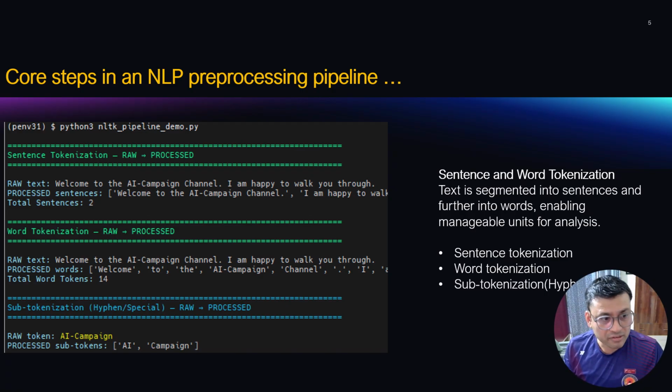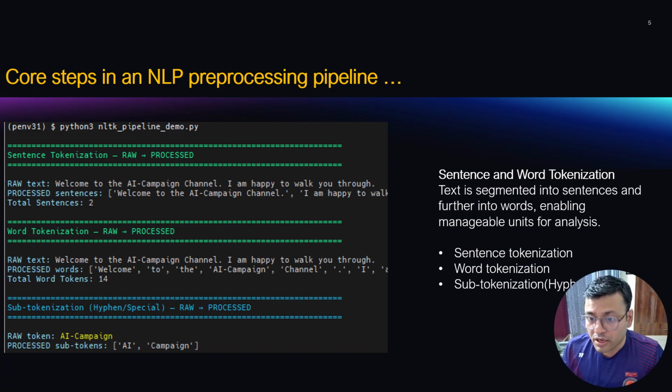The first sentence is Welcome to the AI campaign channel, and the second has been separated by the punctuation: I am happy to walk you through. This is one. Now, in the same fashion, the next example is the output of my script, to show how the word tokenization process happens.